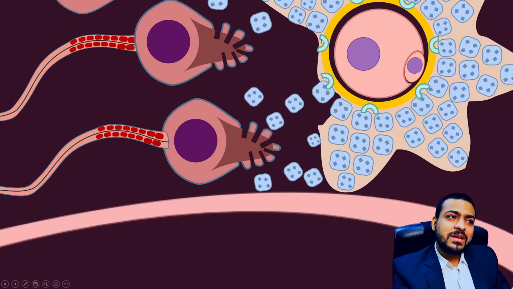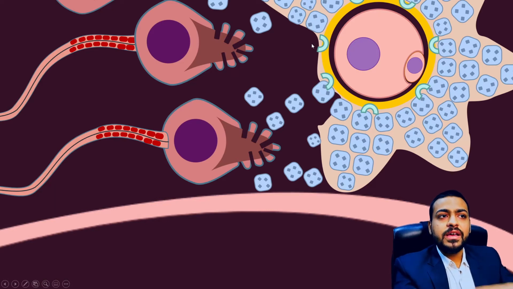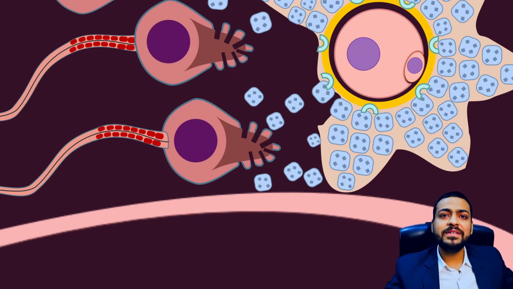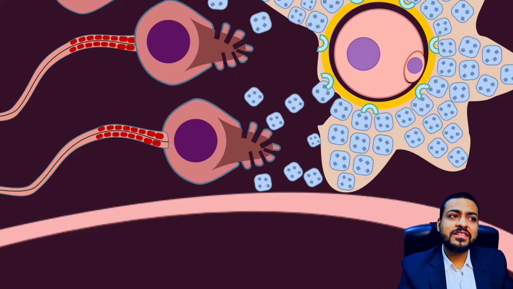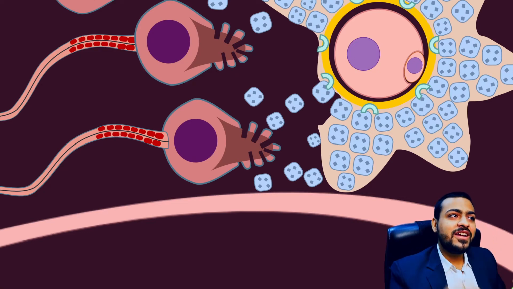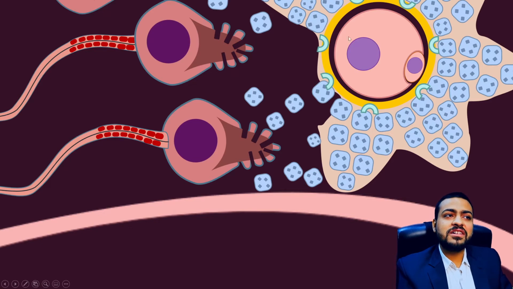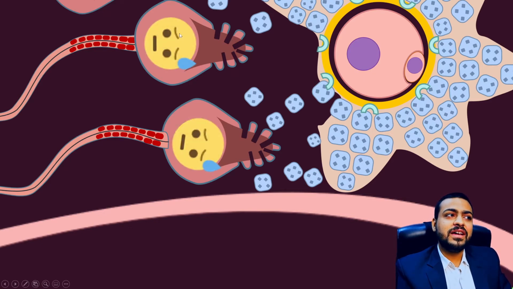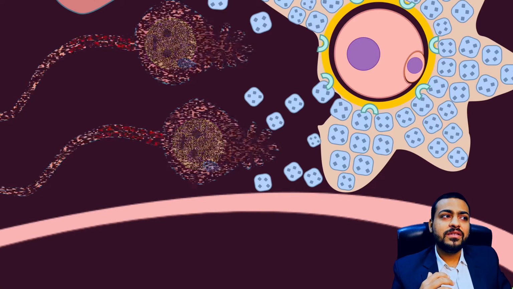Although they may bind with these receptors, they cannot punch a hole in the zona pellucida, because they have already lost their weapons, their strength, these cutters to cut through the zona pellucida. So now they are sad and they cannot fertilize the oocyte, and they will be eaten up by the female tract.